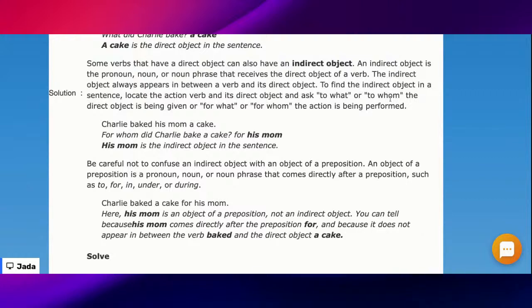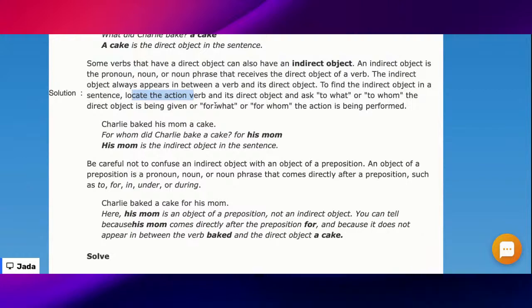To find the indirect object in a sentence, you need to locate the action verb and its direct object. So now, as we've already located the verb and the direct object, we will now find the indirect.